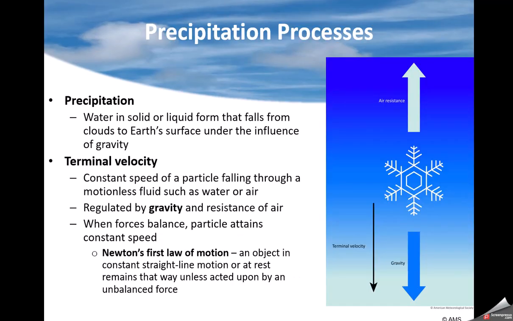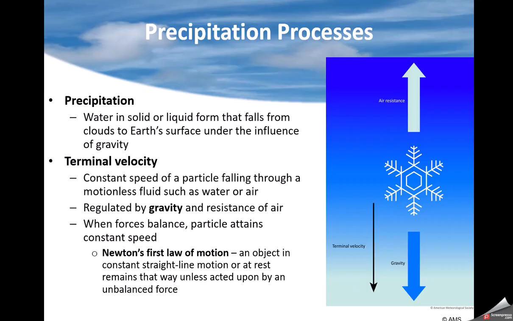Now, why in the world don't all those cloud droplets fall to Earth? Well, guess what? Air resists that. And because of that, you've got to get bigger and bigger droplets. And once it gets big enough, then it will fall. And that includes whether you have snowflakes or water droplets.